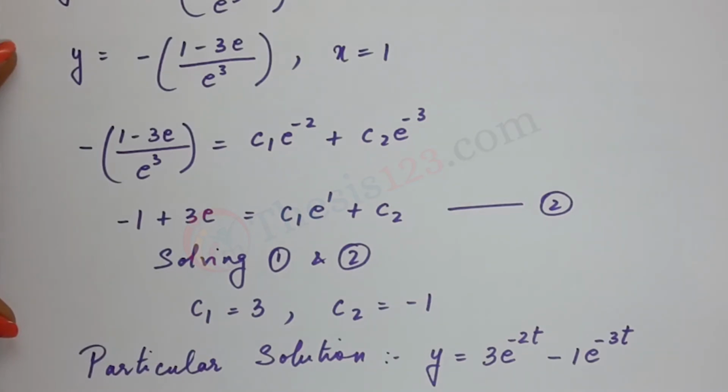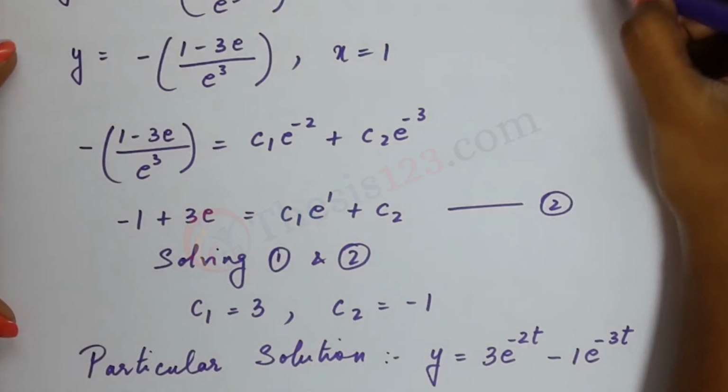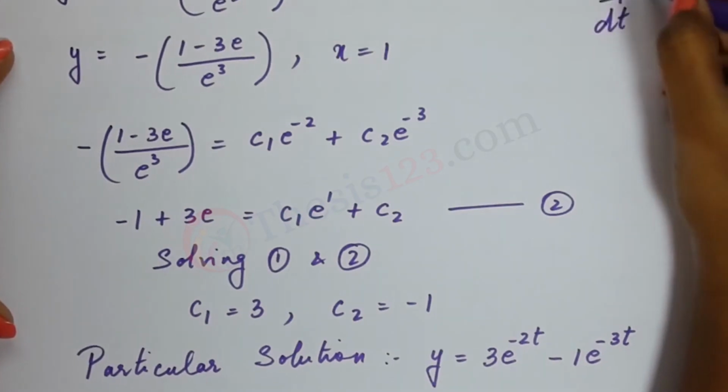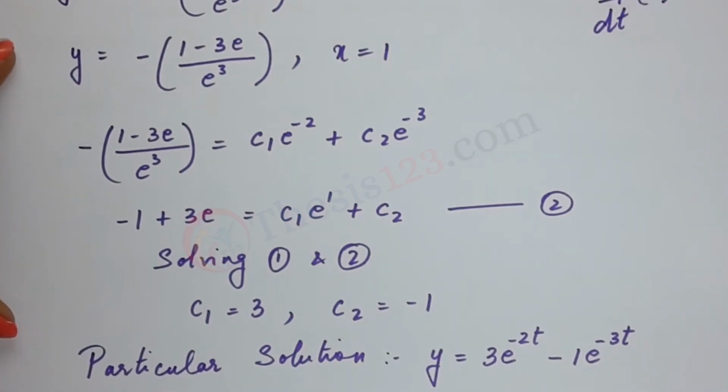Now the question asks us to find dy/dt at 0. So first let's find dy/dt. Here dy/dt = -6e^(-2t) + 3e^(-3t). That's differentiating y with respect to t.